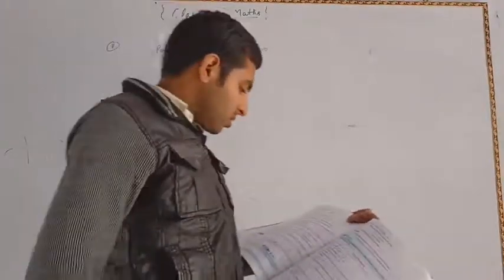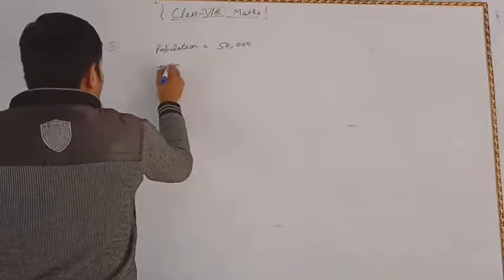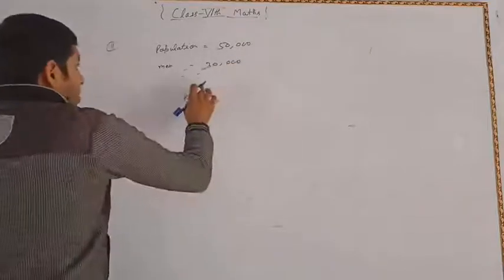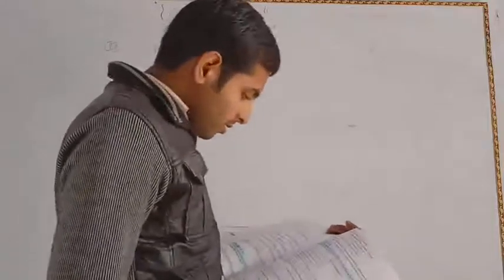Out of which 30,000 are male. Men is equal to 30,000. From here we have to find the ratio between the number of women to the number of men.